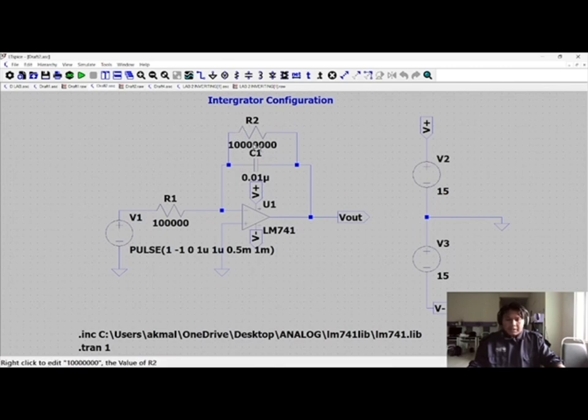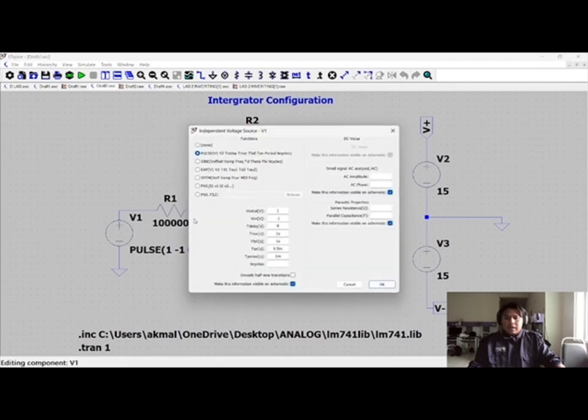And we have an additional component, a capacitor with the value of 0.01 micro. For the supply, we have V initial equal to 1, V on is -1, where the delay is 0, T rise is 1 micro, T fall is 1 micro, and the period is 1 milli, and T on is 0.5 milli.